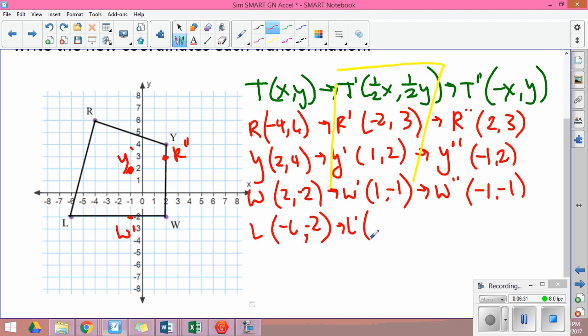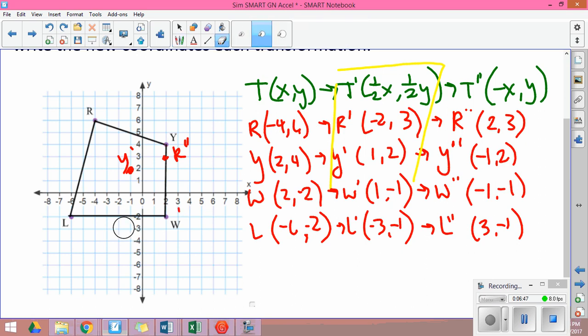So L prime is going to be at (-3, -1), and L double prime will be at (3, -1). Oops, I graphed W in the wrong spot. So here's L prime, L double prime, and we see we have the same picture reflected and shrunk.